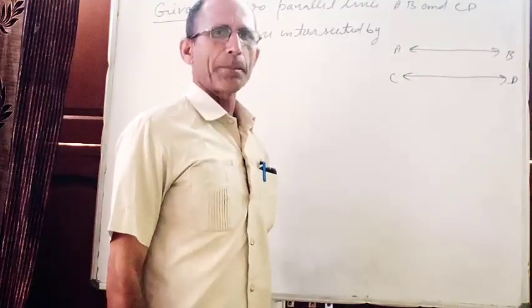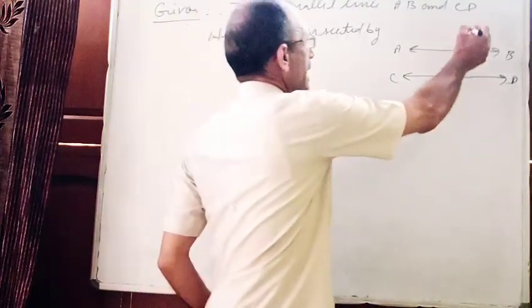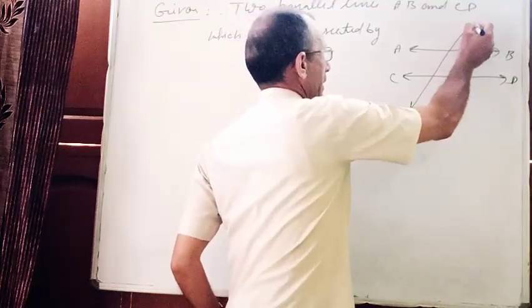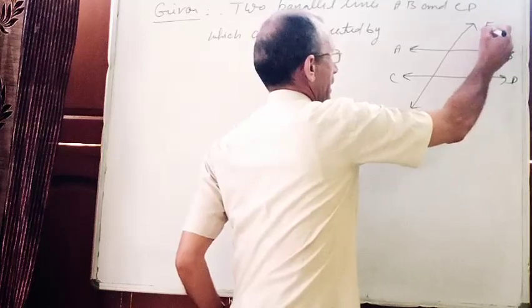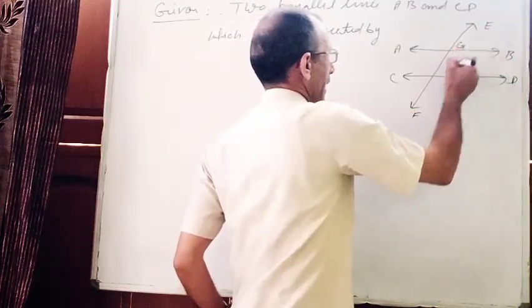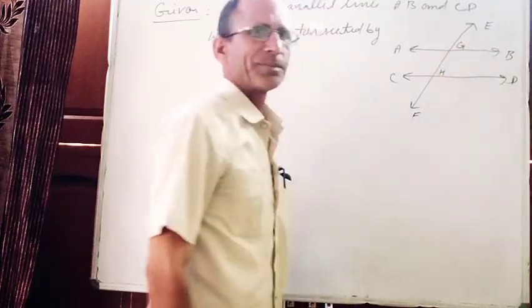AB and CD are parallel lines, and these parallel lines are intersected by EF at G and H, respectively on AB and CD.